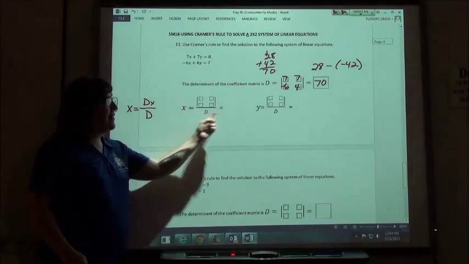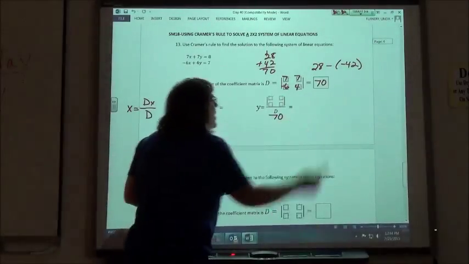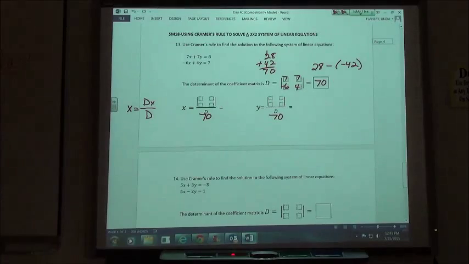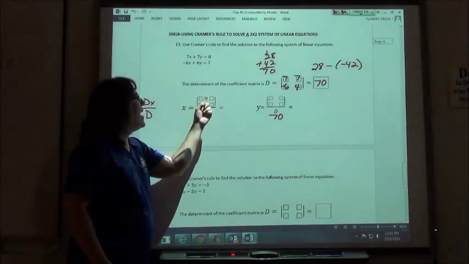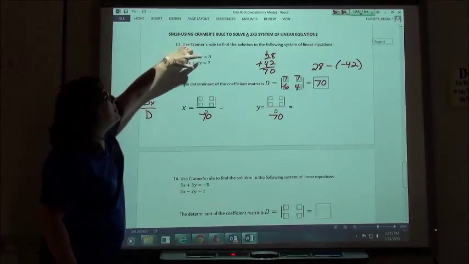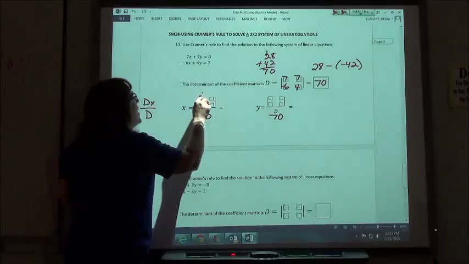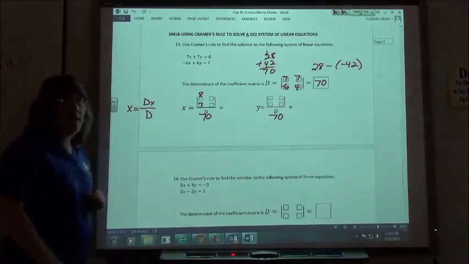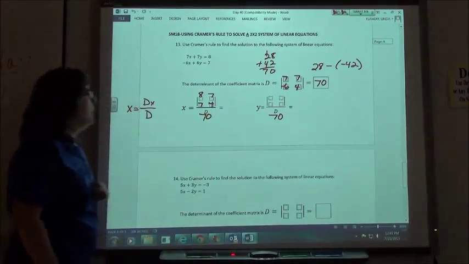Now, x is equal to what they call D sub x divided by D. You notice that they just put D down here on the bottom. I'm just going to put 70 down there on the bottom because I'm going to have a 70 down there and I don't want to forget it. I'm then going to find the D sub x determinant. I find that by replacing the x column with the answers over here, and so the 8 and the 7 go in the x column. The y column stays the same, 7 and 4.